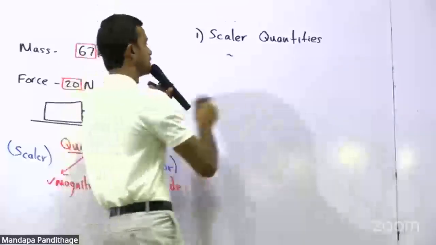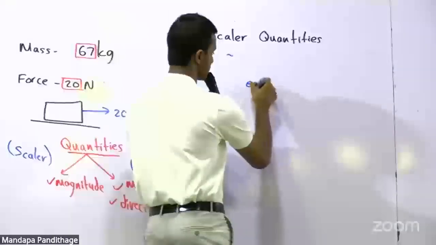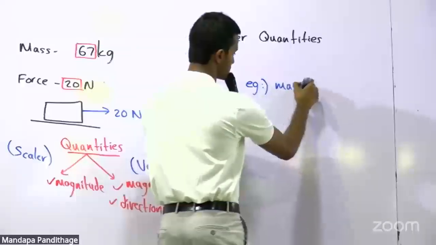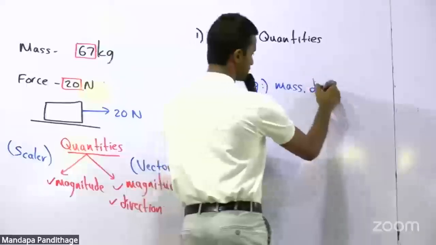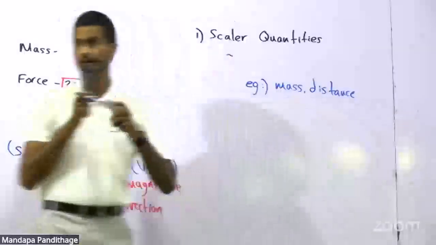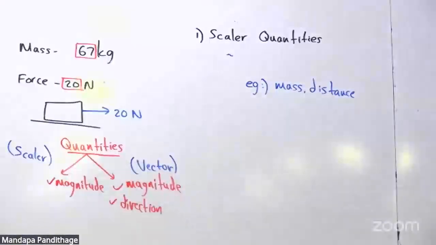And then write the examples. We have the mass, the distance, and density.